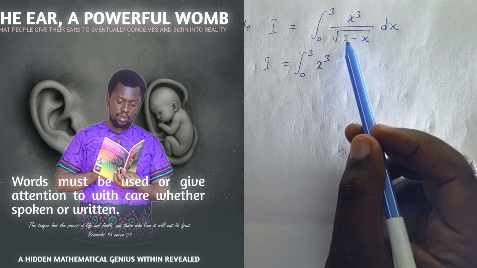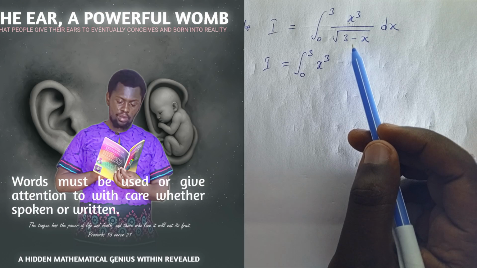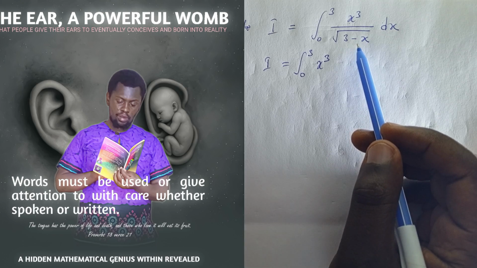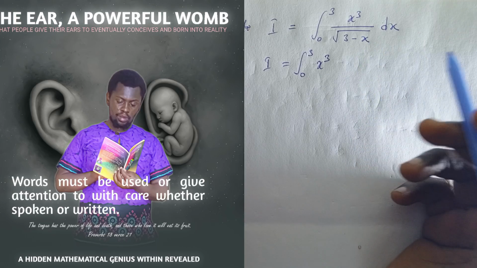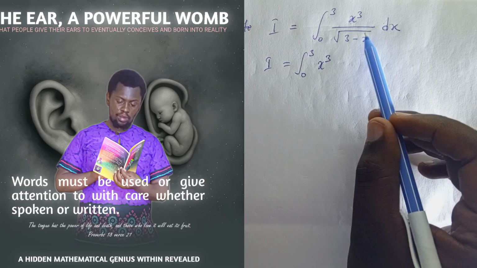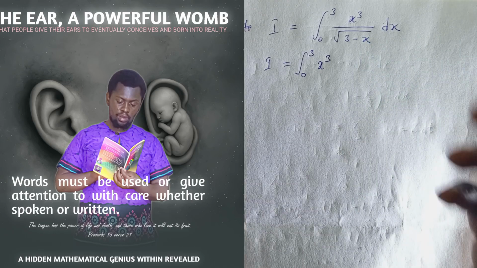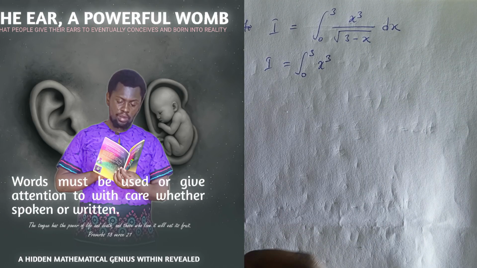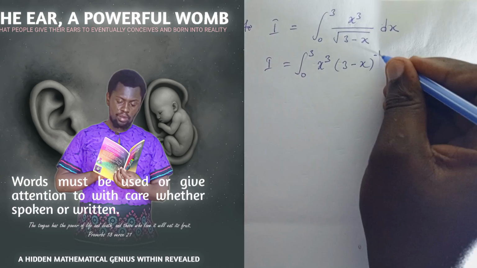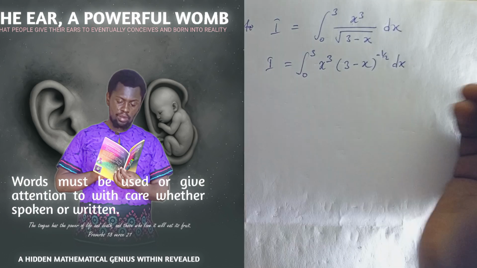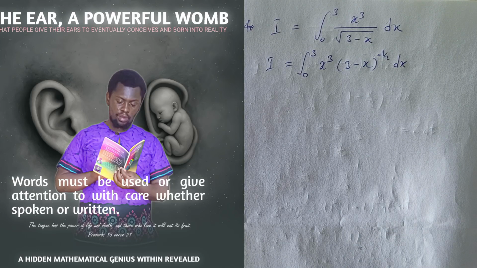Here the power is 1 over 2, because every square root has a power of 1 over 2. To make it a numerator, it will be power minus 1 over 2. This is power positive half, then it will be power negative half. So we are going to have 3 minus x to the power minus half dx. Okay, so we have it in the form we need.